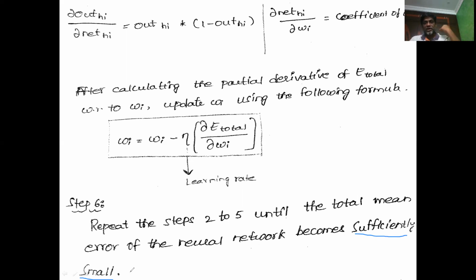This is actually not a simple task to perform manually. Sometimes the neural network model requires thousands of epochs, thousands of iterations, to achieve that final satisfactory error term to converge your feed-forward neural network.